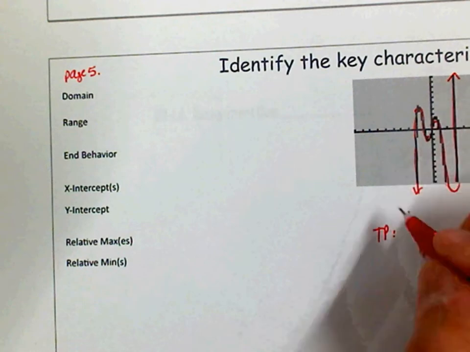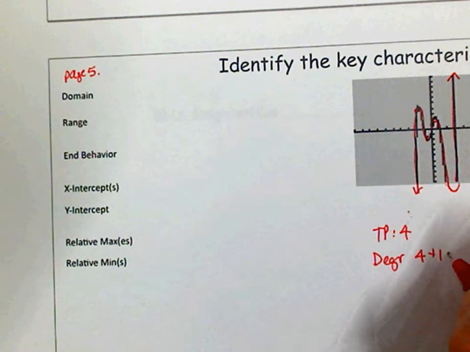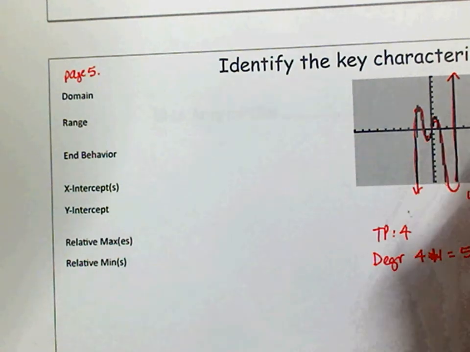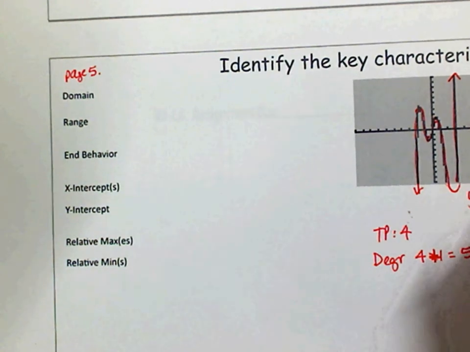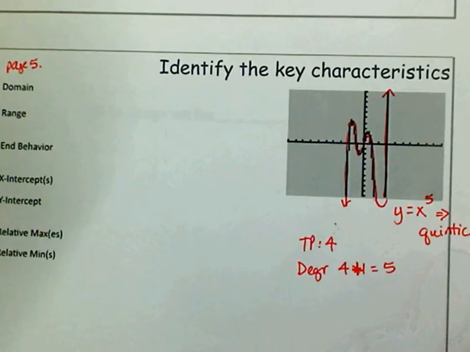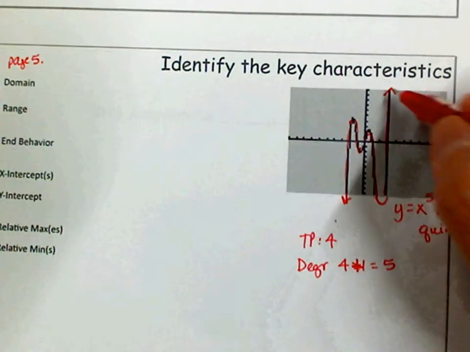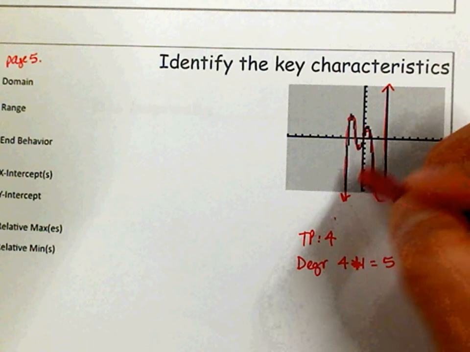So your degree is going to be 4 plus 1, which is 5. So y is x to the 5th. So this right here is called a quintic polynomial. Okay, oops, sorry, quintic. Now, if you'll look, it's opposite. So that's an odd number. Do you see how you're starting in the opposite, which is negative? So this should be a positive, just like that. Okay.